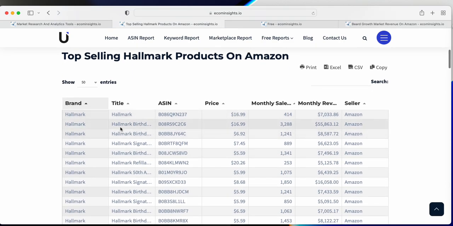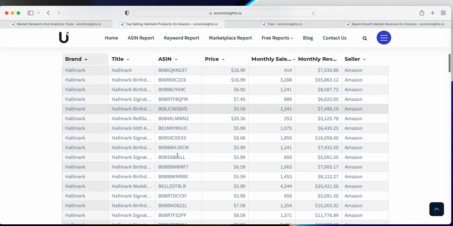For example, this product right here is a Hallmark birthday card 20-pack with envelope, priced at $16.99, does 3,288 sales per month and generates over 55,000 in monthly revenue.